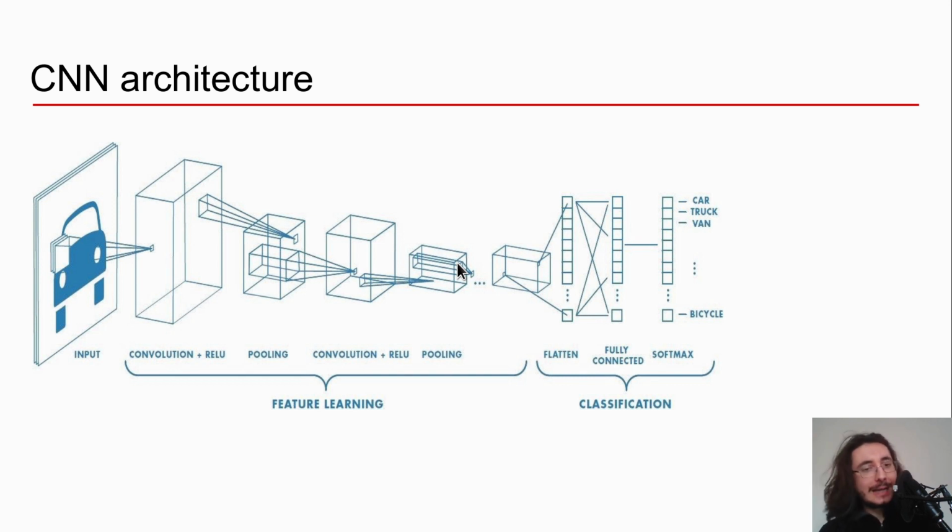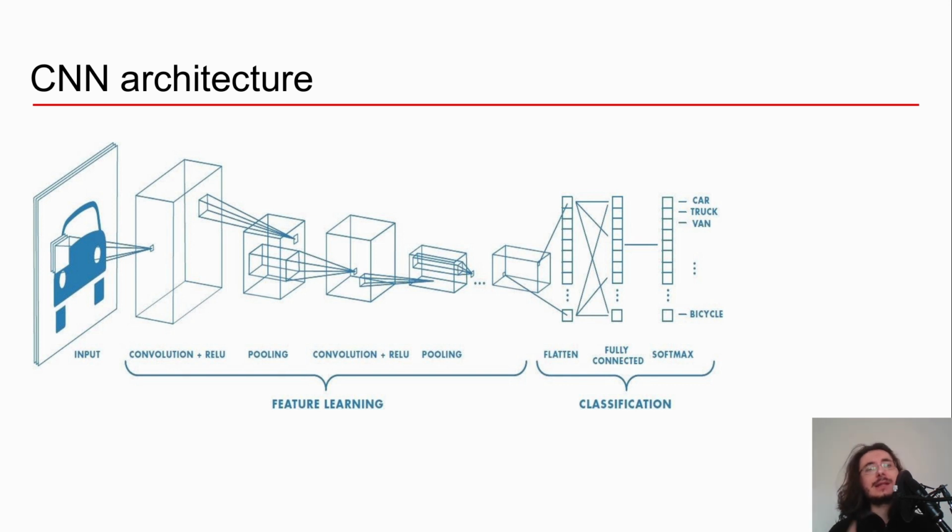For example, a car could be represented by a few circles, which could be the tires, and a rectangle that could be the whole body of the car itself. This is important to understand: we start with low level features, and then while we move from one convolutional layer to the next, we abstract higher level features. Cool.